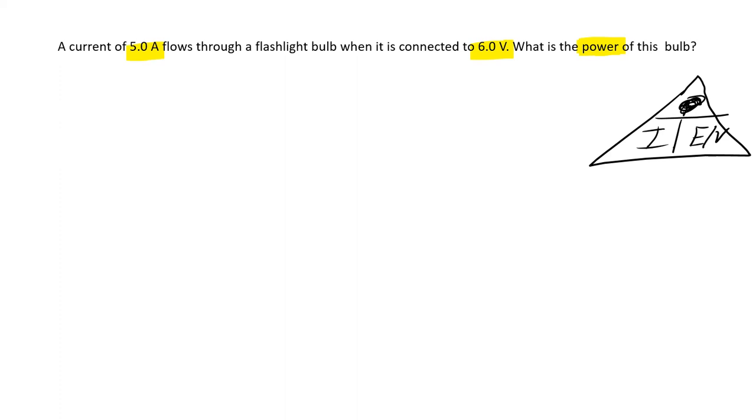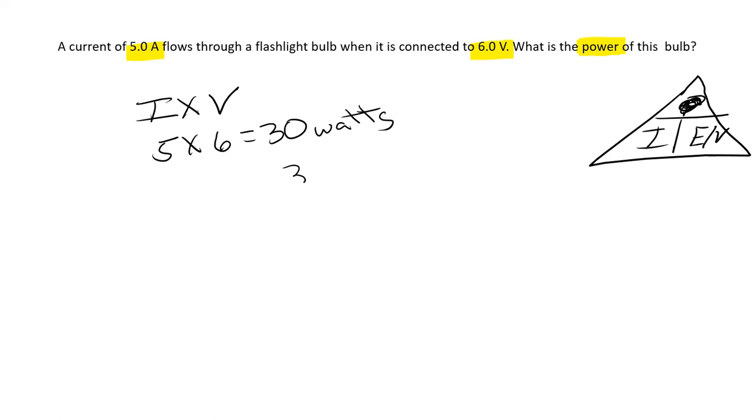Do I have amps and volts? Yes, I do. So I have I times V. I have 5 I's and I have 6 V's, and that equals 30. 30 what? 30 watts, or 30 W, right?